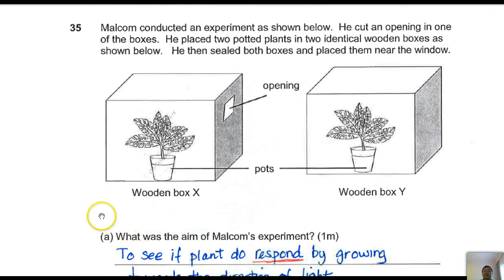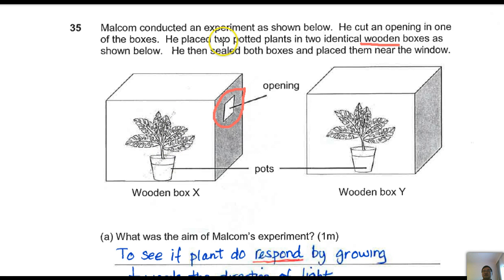Next, Malcolm conducted an experiment shown below. He cut an opening, this is the opening here, and there is no opening here, right? These two are separate plants and separate boxes, and these two boxes are made of wood. They have to be identical in size, and obviously the pot and the type of plant are identical.